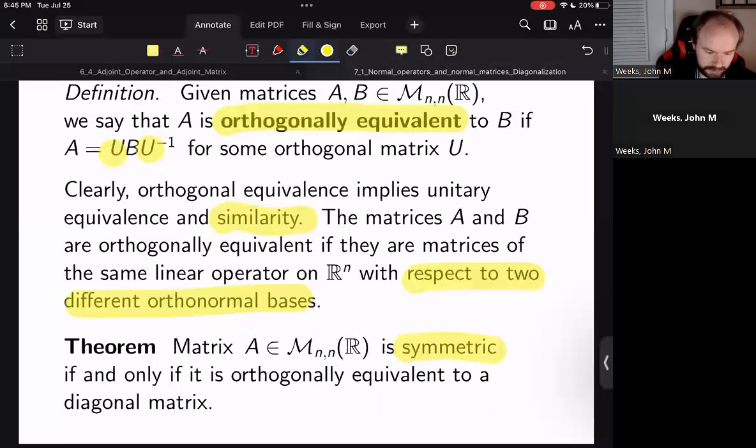L and L star get to share the same eigenvectors. There's a way for us to use these and break these apart. The adjoint is a very special type of operator thanks to the fact that an inner product works in our space. And connecting all of these together got us to this really big theorem that we were discussing here today about how we could be diagonalizing these operators or their matrices.